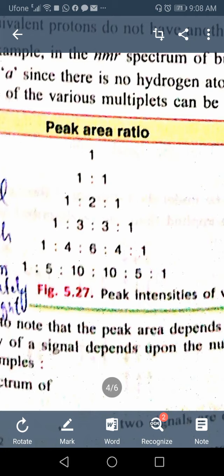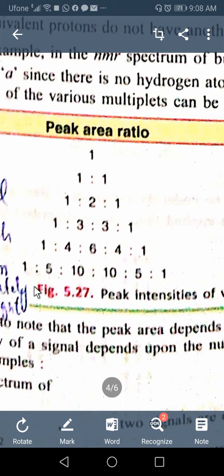You can extend this one here. Then 5 plus 1, 6 will be written here. 10 plus 5 is 15 is written here. 10 plus 10, 20 is written here. 10 plus 5 is written here. 5 plus 1 is 6 is written here.